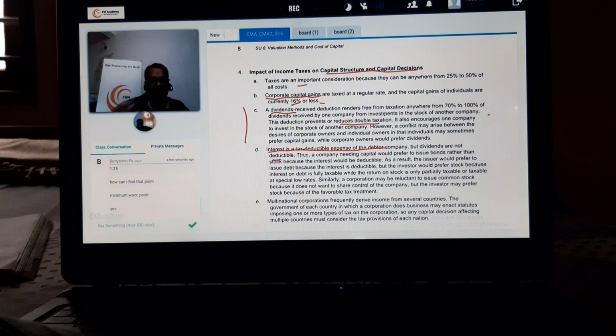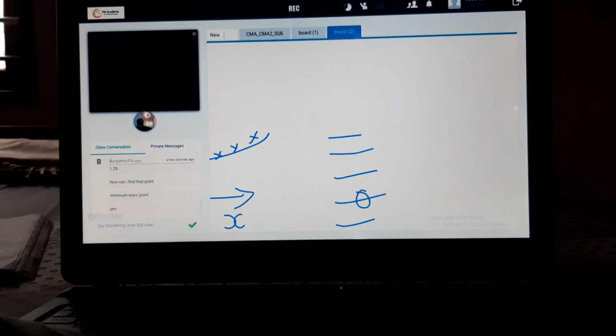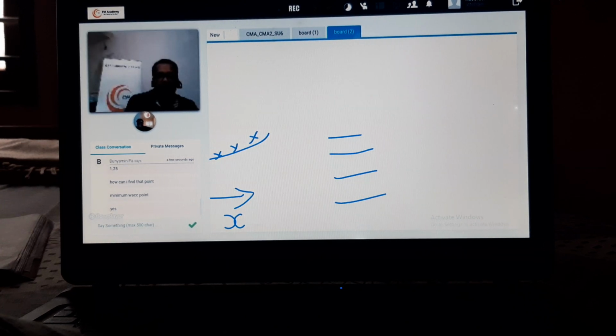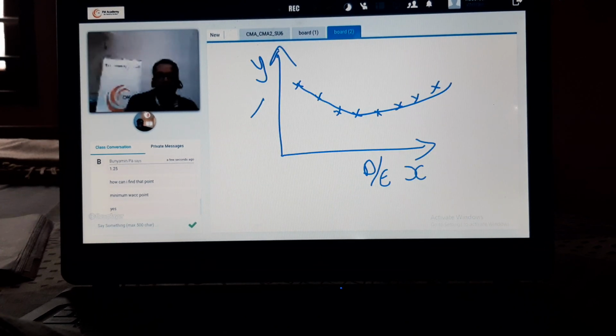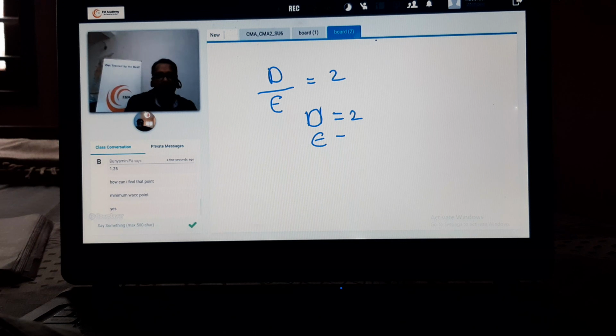But what about the investor? I am a company, I can invest through bond or equity. If I invest in bond, let's say the company A and B, this is the investor.